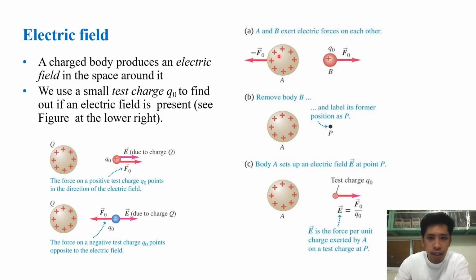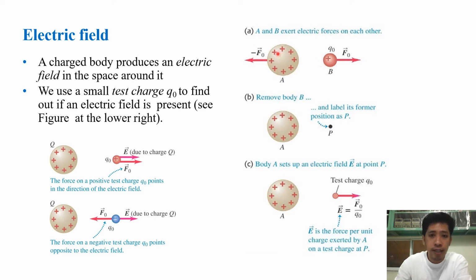If we erase these plus signs and you just have this metal ball, you will know that this metal ball is positively charged if you put some test charge around here and you see that this test charge experiences a force which is trying to repel it away from the metal ball.